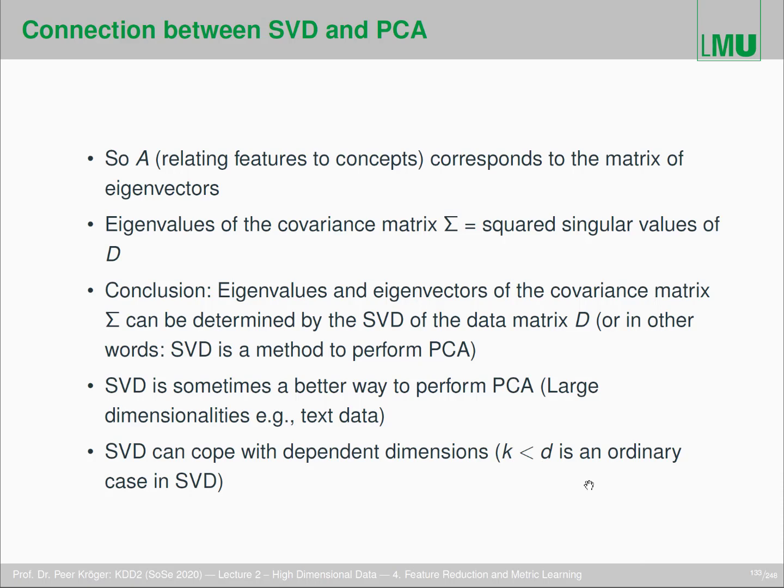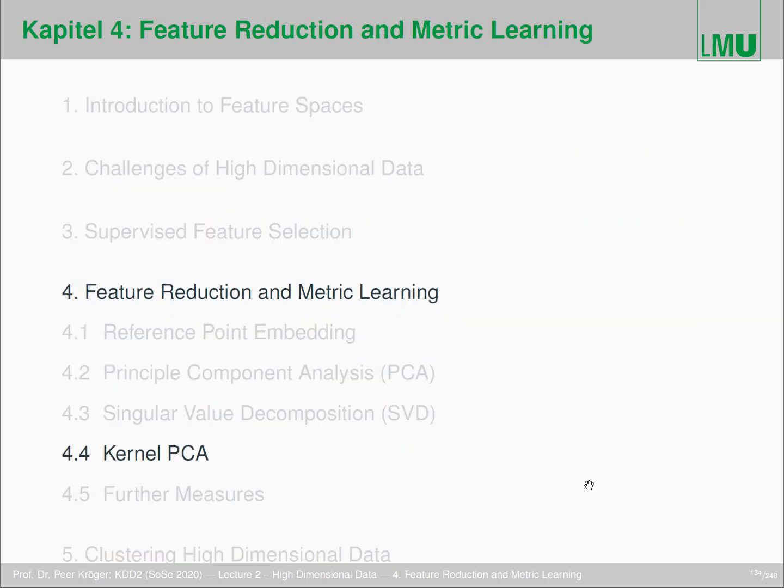For PCA, that's not the normal case, because you may run into non-positive-definite matrices which cannot be decomposed. In that case, SVD is the only way to perform that, actually, and the other numerical algorithms may fail. So that was singular value decomposition, and as the next chapter we will have a look at kernel PCA.